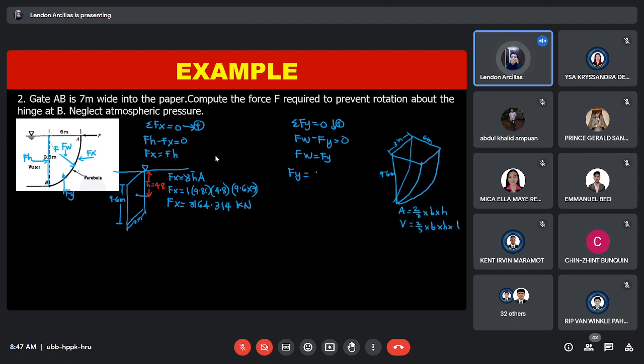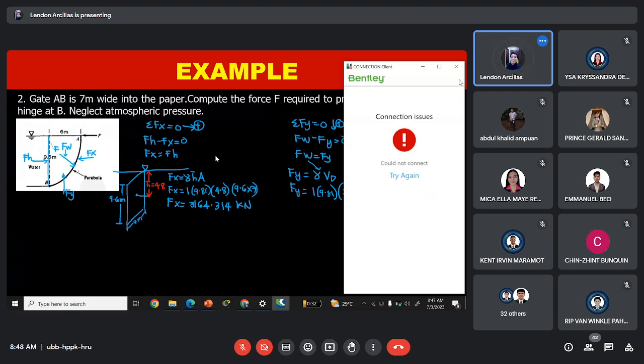Right? So, F of W is specific weight times the volume of the parabola. F of Y is equal to specific weight 1 times 9.81 times the volume of the parabola, 2/3 times base times height times length.